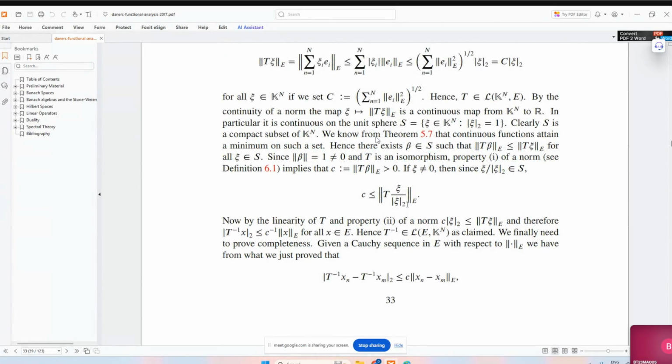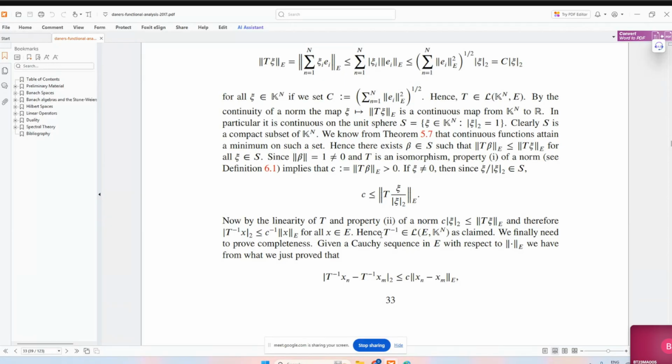Now the L2 norm of xi is a real number and T is linear, so it comes out. And therefore, C times the L2 norm of xi is less than or equal to the norm of T xi. Therefore, you can invert this. So you get the norm of T inverse of X bounded by C inverse times the norm of X in E. Since this is bounded by C inverse, 1 by C, therefore T inverse is continuous.